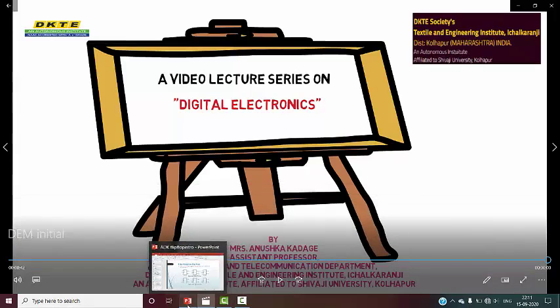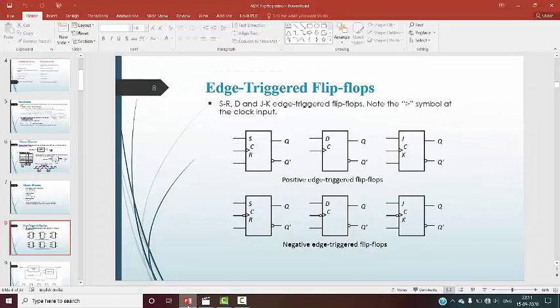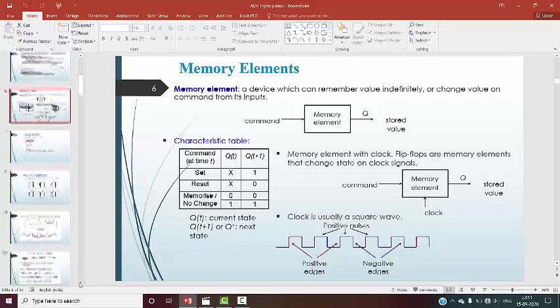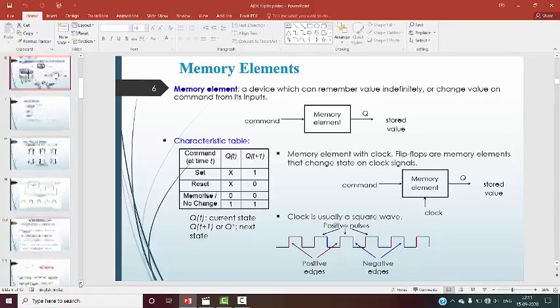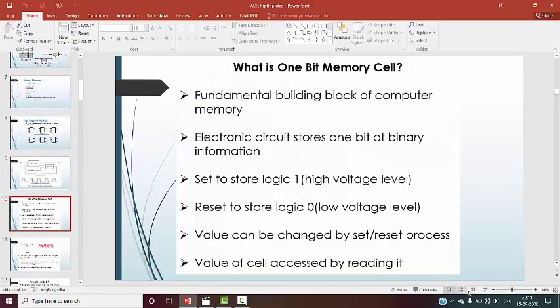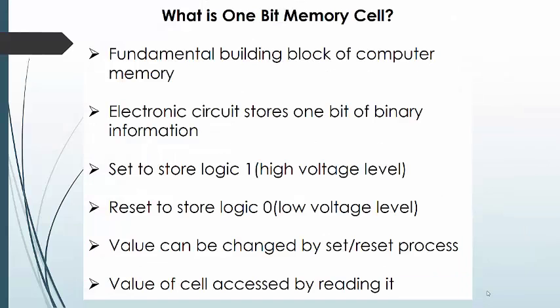Now, in this lecture, we are starting with the 1-bit memory cell, because in the last lecture we covered the memory element, which acts as a basic building block for any of the computer elements. So today we are starting with this 1-bit memory cell.